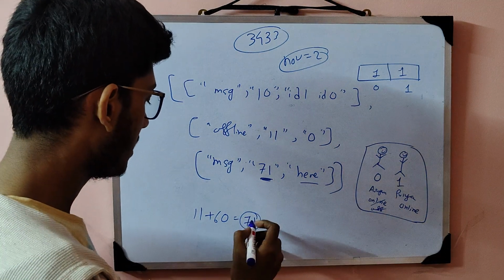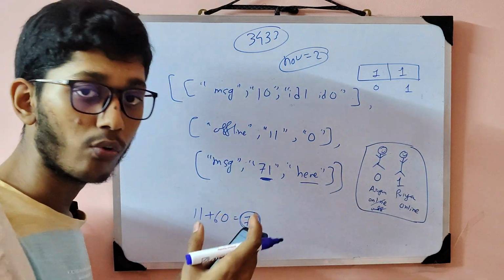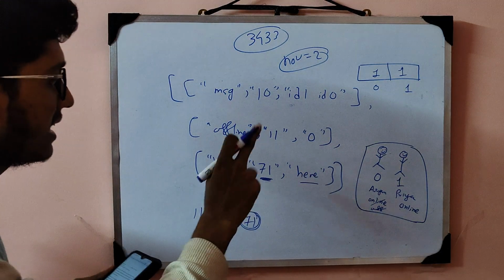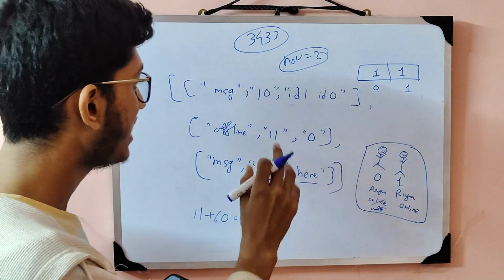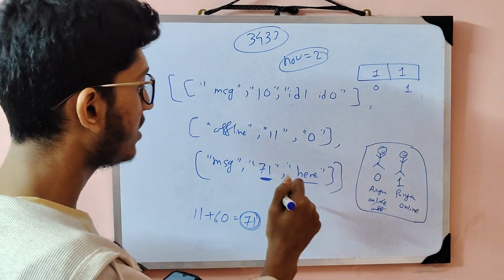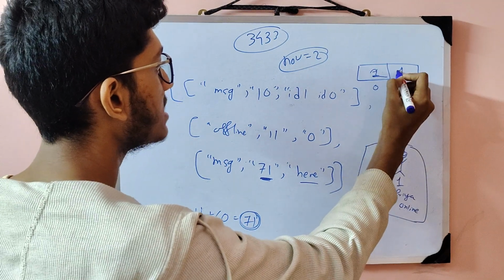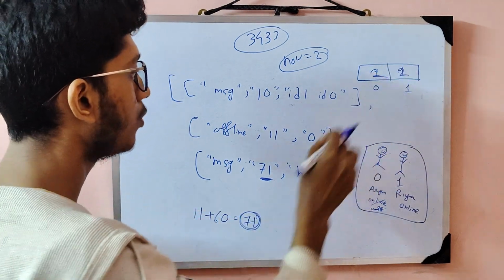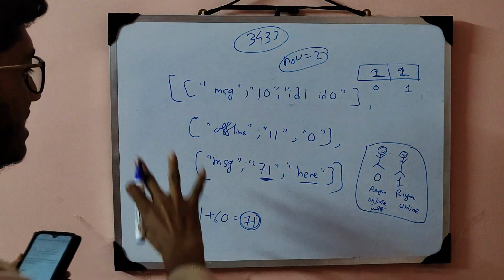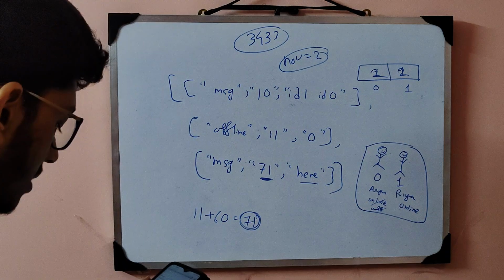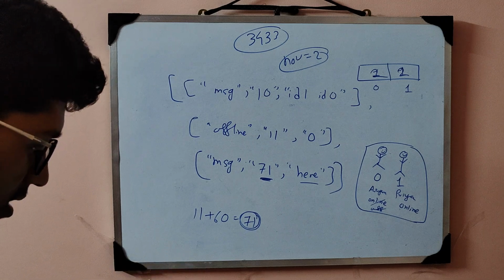At 71, you can see Aryan, who got offline at 11, came back online, and now we can say that, okay, at 71 both of our users are online, and you can mention them twice. You can increment both of them. So we got this, this is the whole scenario. With this example I have explained this beautifully, right?